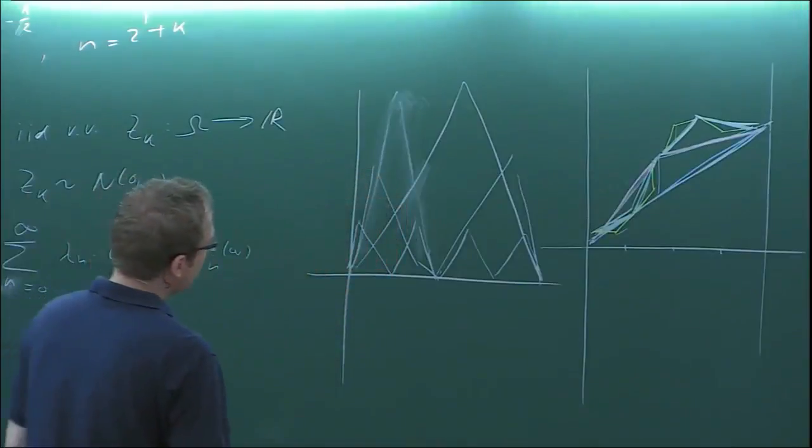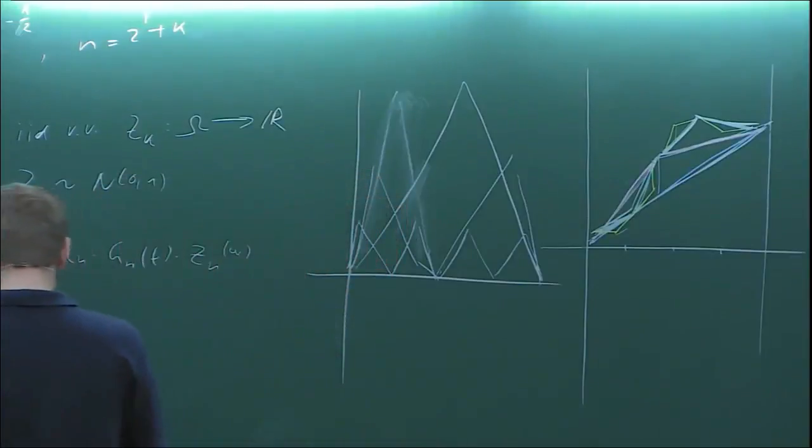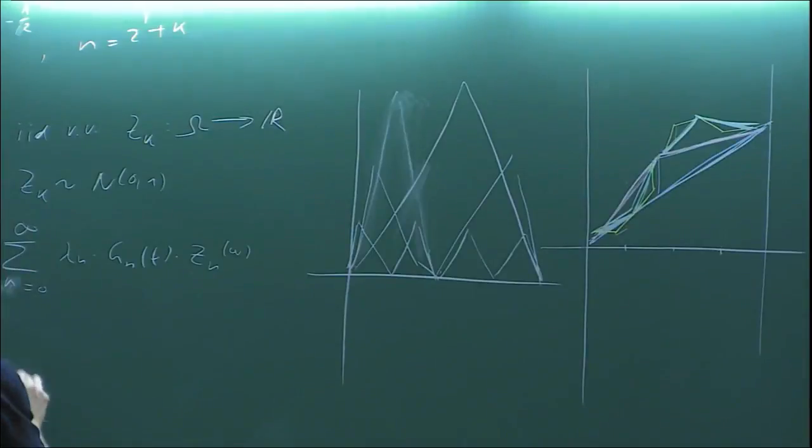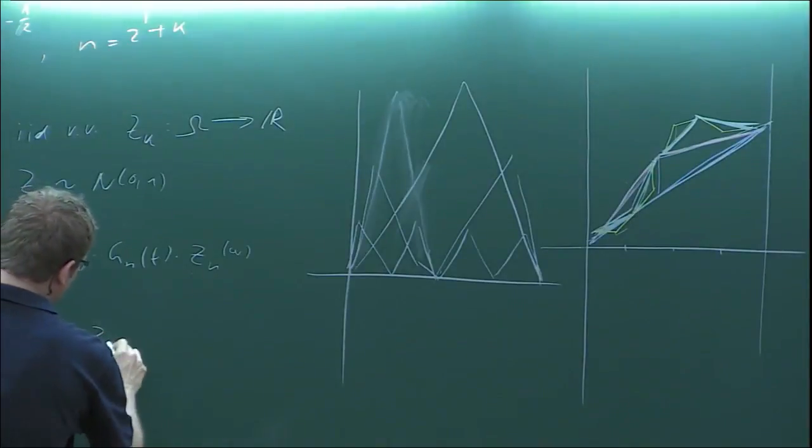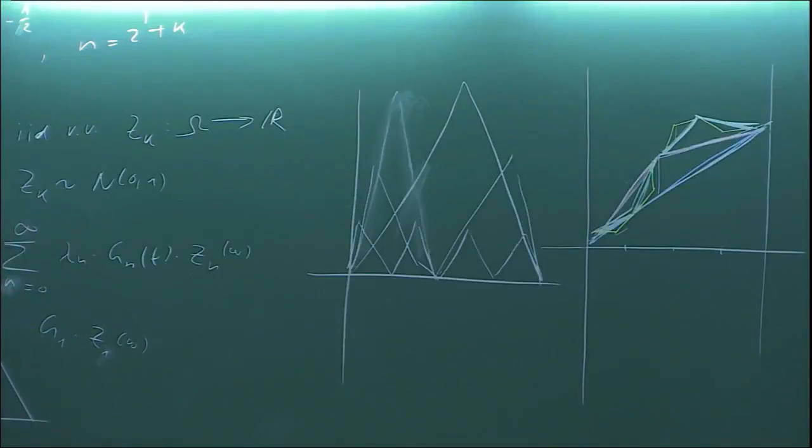The zeta n's are just, okay, so maybe I just explain it like this. If you have a function here, for example G1, and you multiply it with zeta 1 of some omega, then of course it will not stay like this. It will be something like this, or if the value is greater than 1, it's like this. If it's negative, it can be something like this.